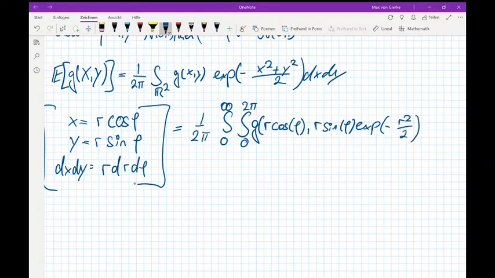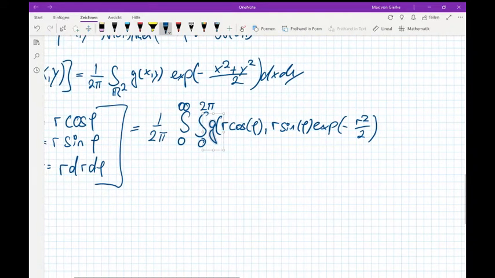This r squared is because we have this squared plus this squared, the trigonometric trick where you get one out of these two. Can't forget the r, dr d phi.